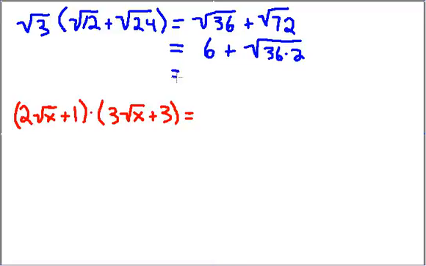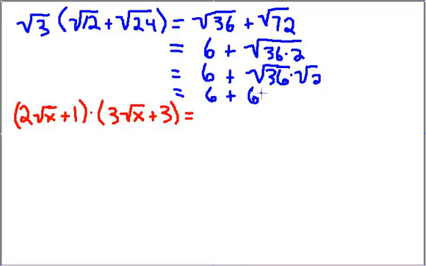And remember, we can now break that apart even further. 6 plus the square root of 36 times the square root of 2. What we are then left with in our final stage is 6 plus, what is the square root of 36? Well, that's 6. And that's being multiplied by radical 2, which cannot reduce any further. Radical 3 times parentheses radical 12 plus radical 24 in its simplified form is 6 plus 6 radical 2.